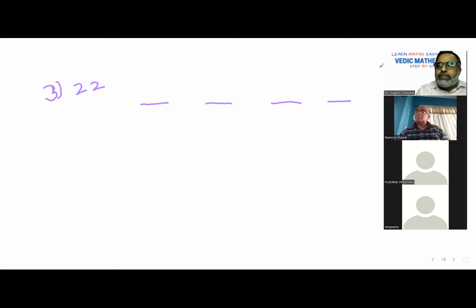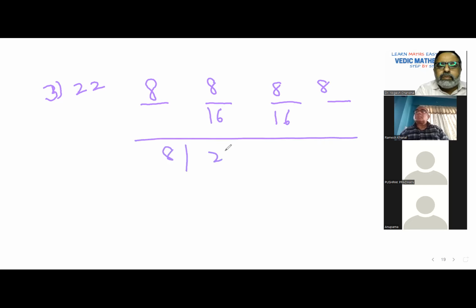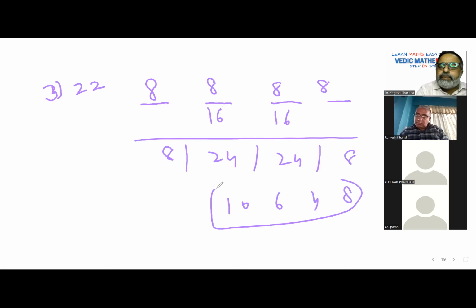Both the numbers are the same, so the cube will be the same, and we just write 8, 8, 8 at every position. See how fast we did it.